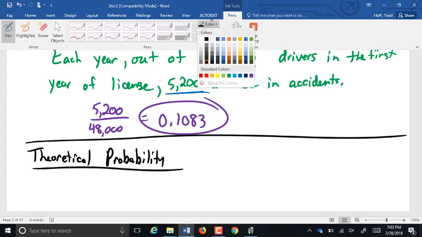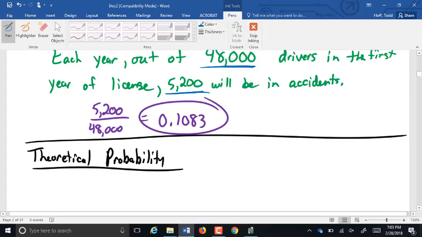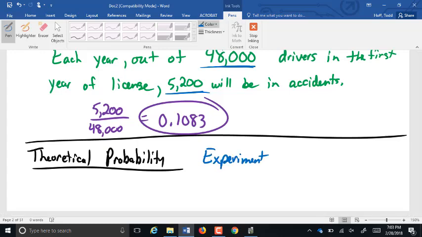And theoretical probability basically just goes off of counting the possibilities. Everything we do is an experiment. Every experiment has outcomes or results. So we have an experiment, and those experiments have results.